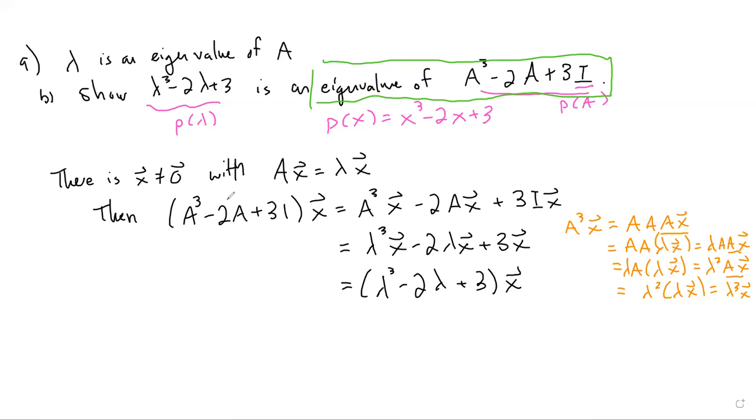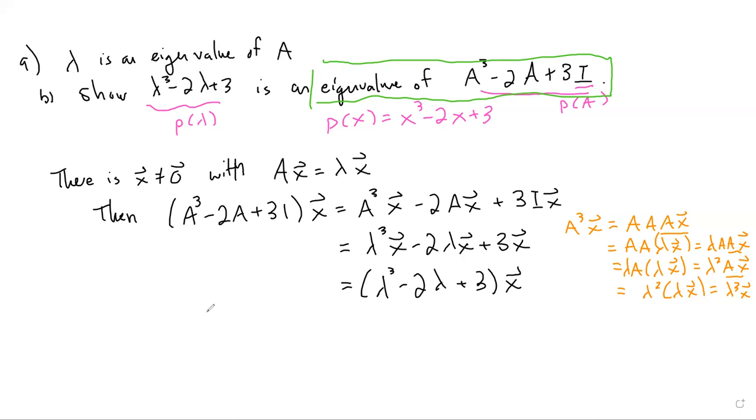And so, yeah, we get this relationship. This is exactly that p of lambda that I was talking about above there. And I know that when I throw this x against this combined matrix, I get this multiple of x. And so by the definition of eigenvalues and eigenvectors, x is also the eigenvector for this mashup of A.